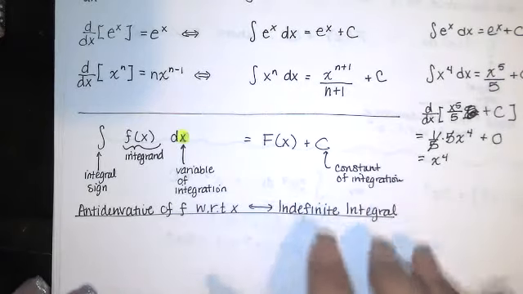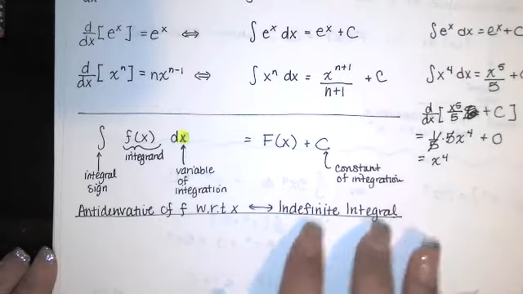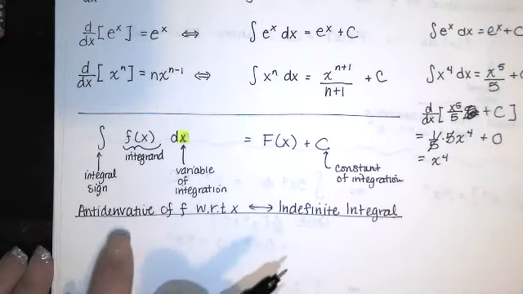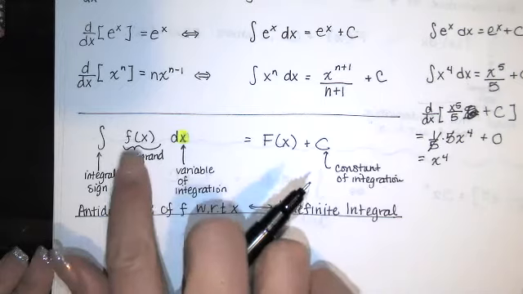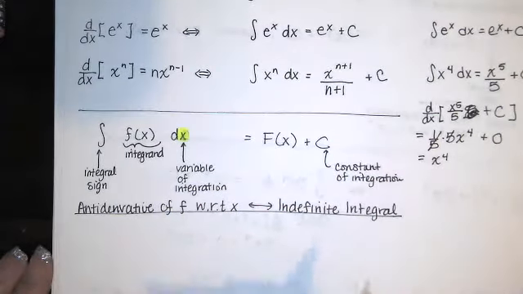Those two terms are interchangeable. I don't tend to use the word integral here. I tend to use the word antiderivative because it reminds me that I'm undoing differentiation and I'm finding a function. I'm finding actually a family of functions.